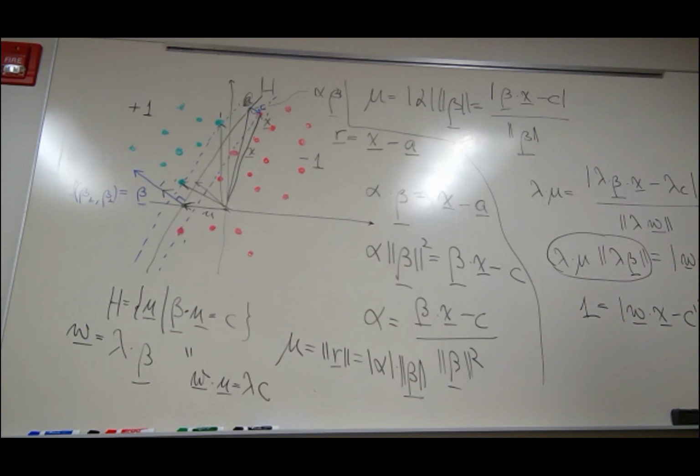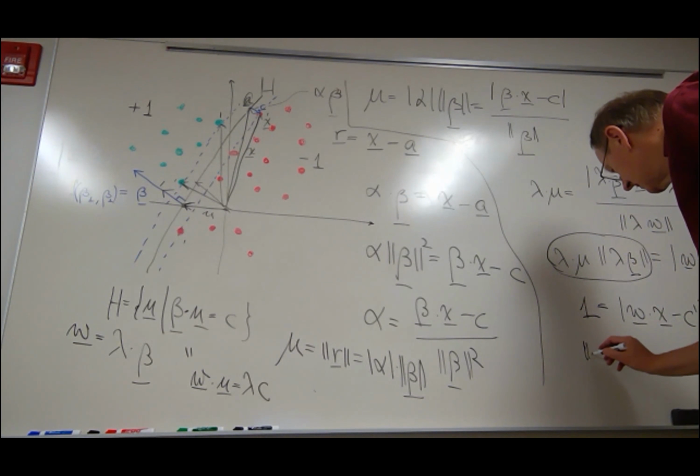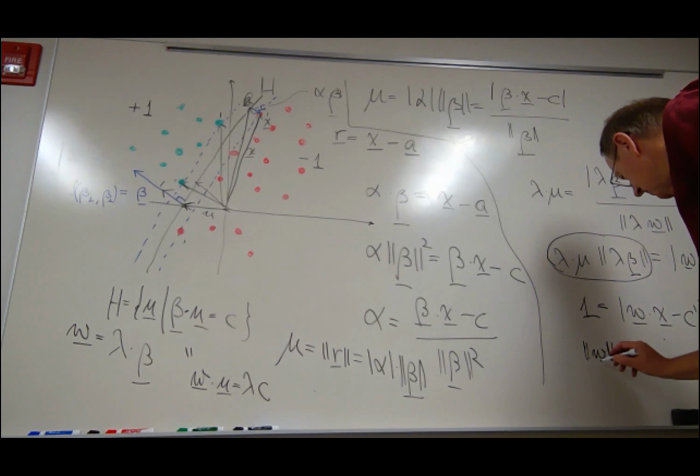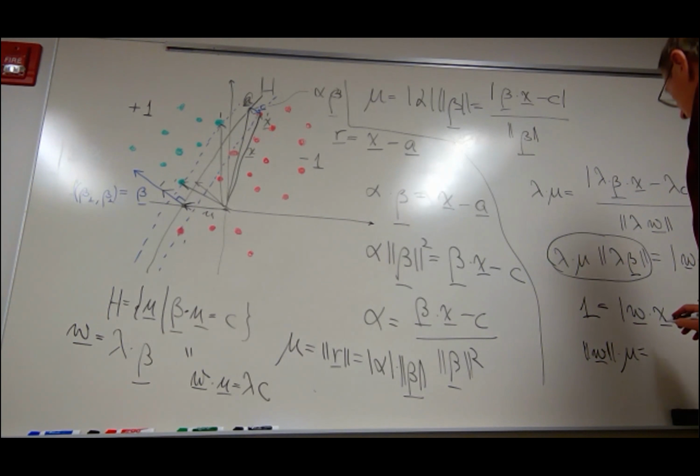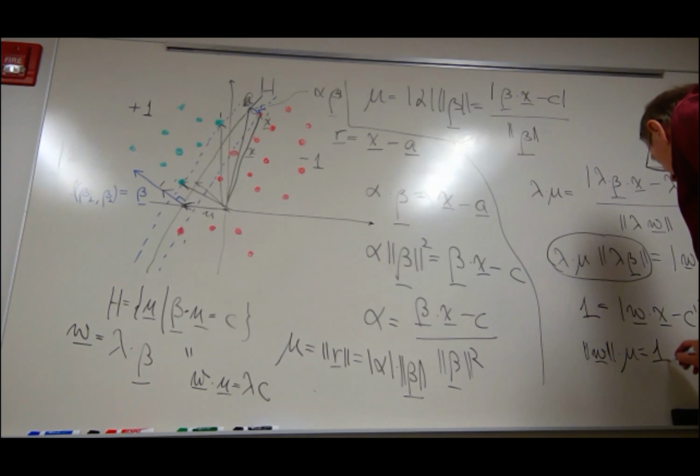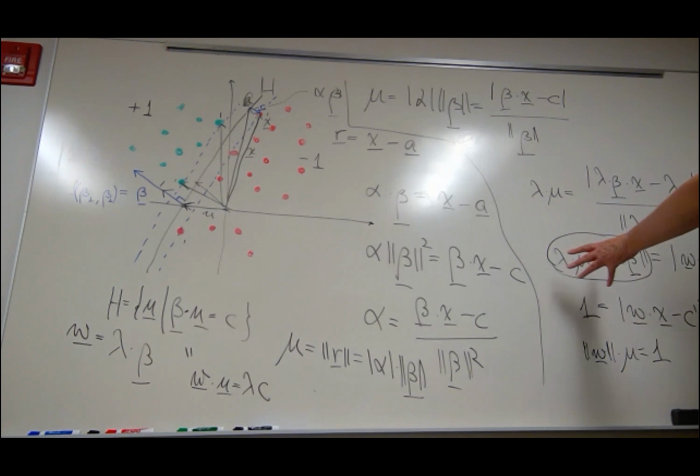And so what I get here is that norm w dot mu is equal to 1. That's what I get out of this.